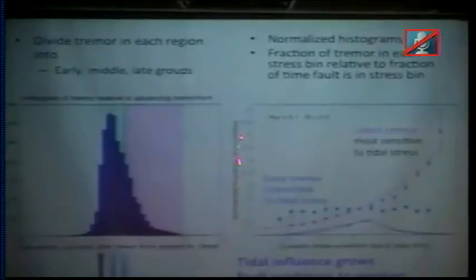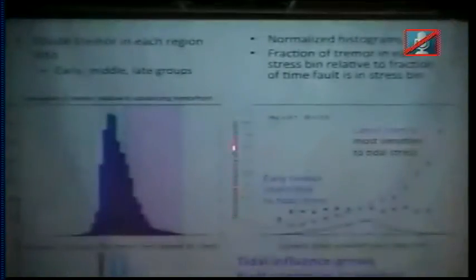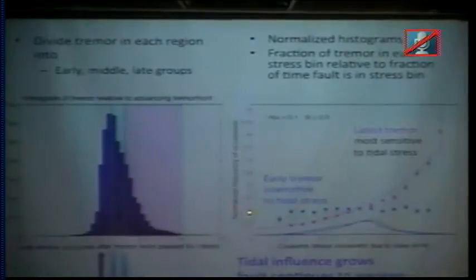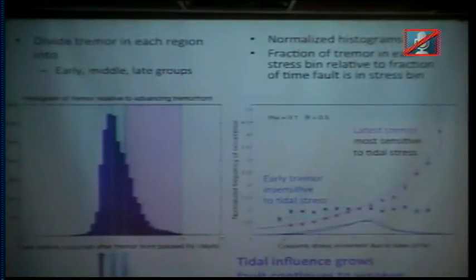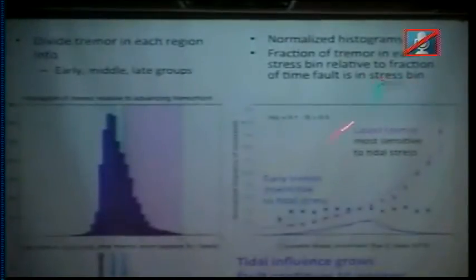Yeah, because the vertical axis of the right picture is the frequency of occurrence. Yes, it's really a ratio. It's not a frequency, it's a ratio, and you can think of it as the observed number of tremors divided by the expected number of tremors based on the amount of time the fault spends in a certain stress state.